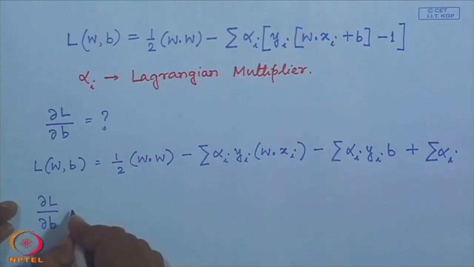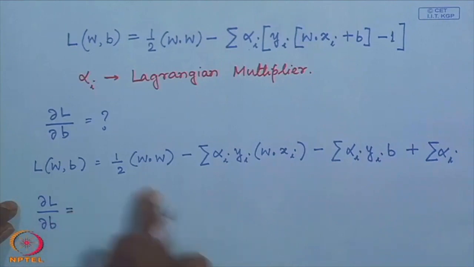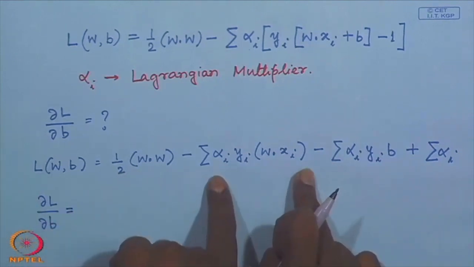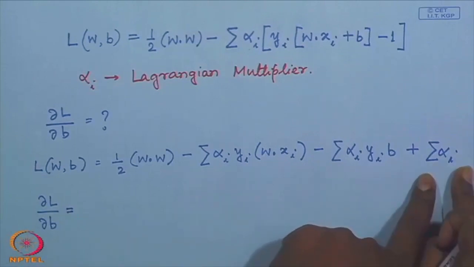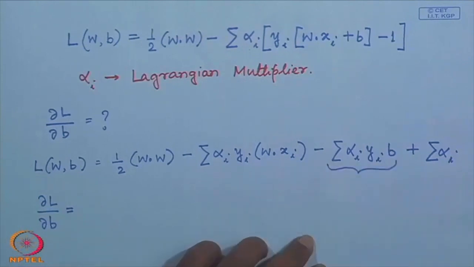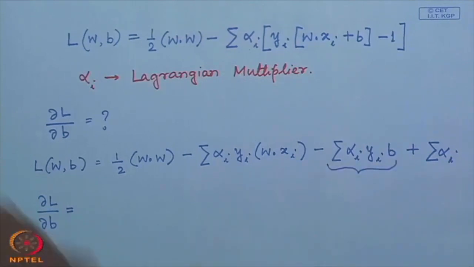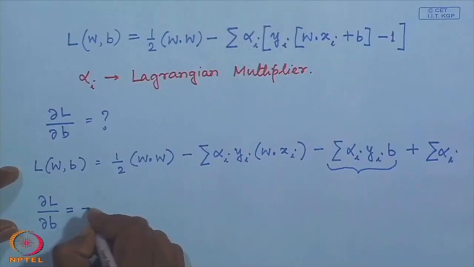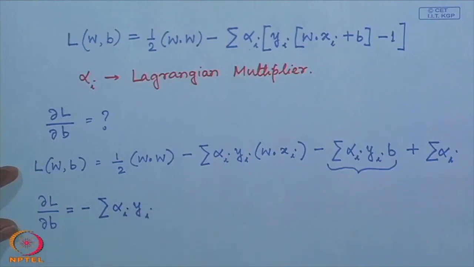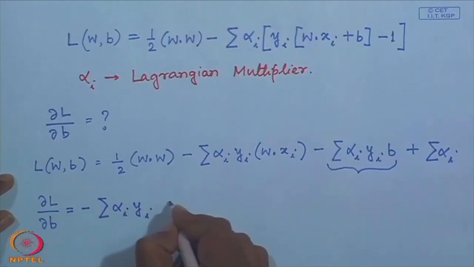So, this del L del b, obviously from here you find that this is independent of b, this is independent of b, this is also independent of b. So, the only term which involves b is this. So, del L del b will be simply minus sum of alpha_i y_i, and that has to be equal to 0.